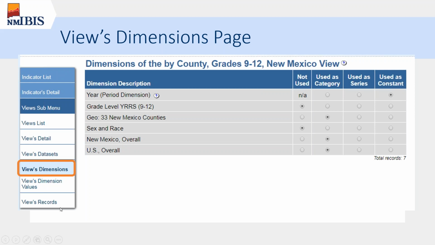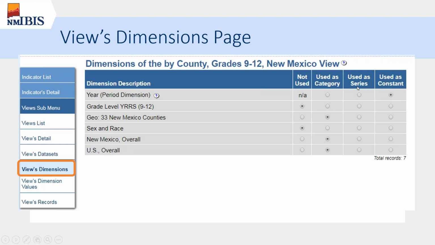So if I go to the views dimensions page, like I was instructed, you can see some of the new vocabulary that we need. Period dimension and period dimension values are some of the vocabulary. Category dimension and category dimension values is another vocabulary item that we need to learn.